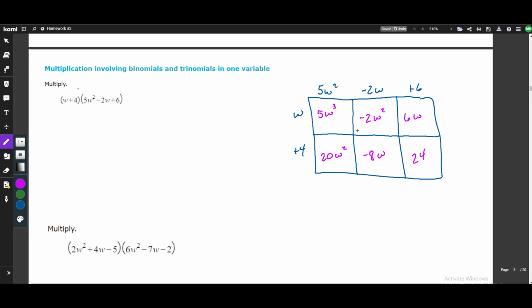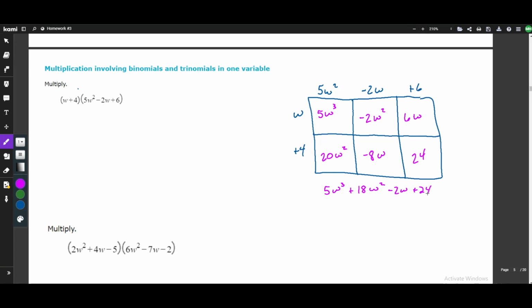Now, like terms are generally in the diagonals, but you can look throughout. So when I combine all my like terms, I'm going to have 5w cubed plus 20 minus 2 is 18w squared. Negative 8 plus 6 is going to be minus 2w, and then plus 24.